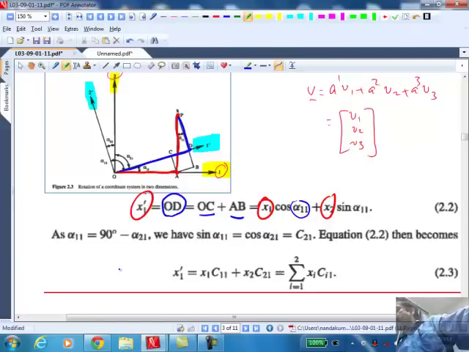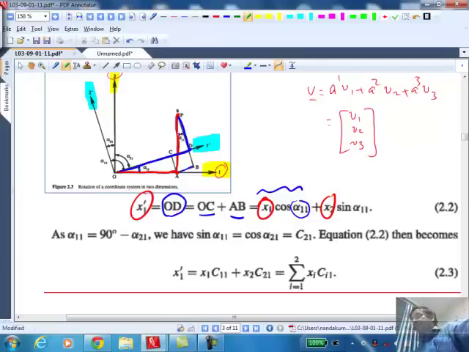So the first part is this OC, which is given by x1 times cos alpha 1,1. And then the second part is CD, but CD is the same as AD. This AD I can get from this vertical triangle, once again recognizing that alpha 1,1 and alpha 1,1 are the same.